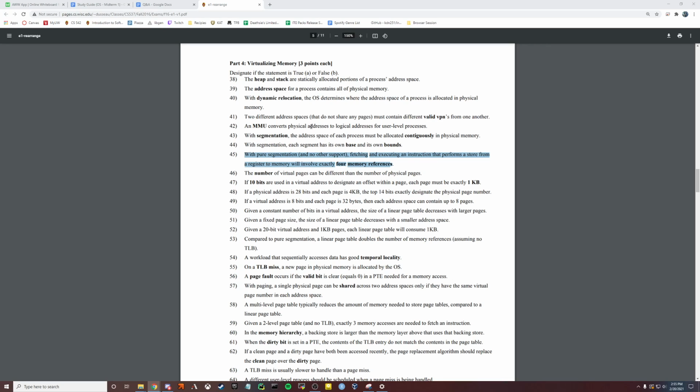Although, when it says 4 memory references, does that mean it accesses 5900 twice? Would that only count as one memory reference? I think it counts as 2 because even though you're accessing the same location, you're hitting it twice.